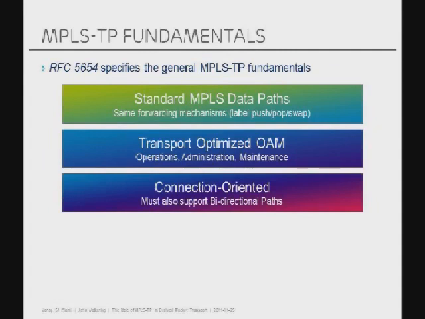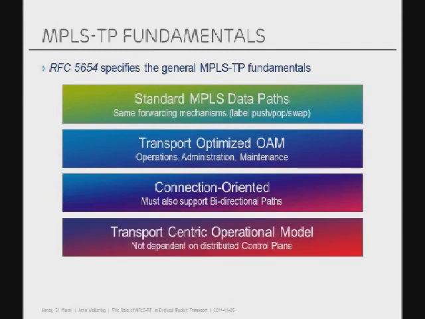Point-to-point means you put something into the tunnel on one side and it has to come out on the other side. If you have multi-point capabilities, you may put something into the tunnel on one side, but you never know where it comes out. So therefore, connection-oriented is quite an important requirement.